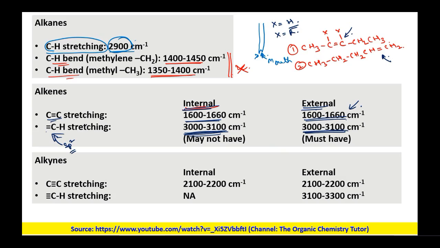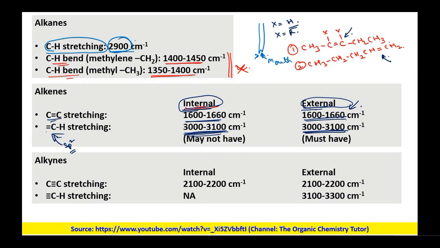Then if you see the double bond CH stretching peak, you can say there is a probability that this CH stretching is due to external alkenes. However, for the internal alkenes, we need to find out whether this CH stretching is from an internal alkene or not. You have to keep this in mind.